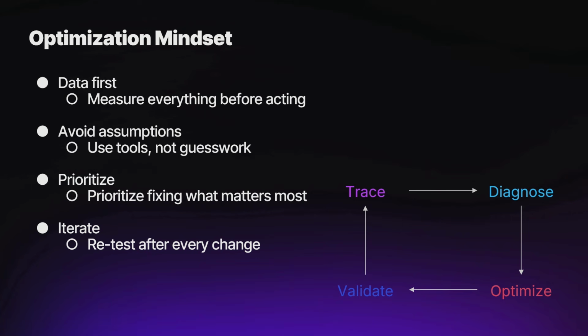Third, prioritize what matters most. Focus on high impact bottlenecks first. And finally, verify your changes. Always retest after each adjustment. The mindset you want is, what might I be missing? That attitude is what leads to meaningful improvement.